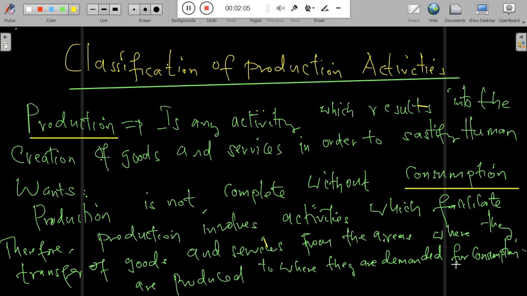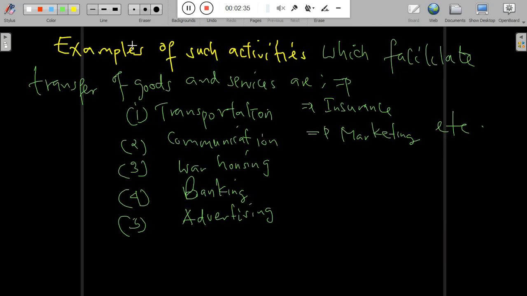There are some examples of activities that facilitate the transfer of goods and services.